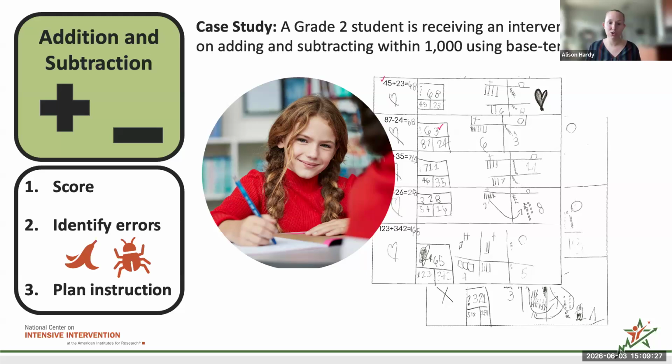And this student used a combination of part whole models and hundreds, tens, and ones charts where they have drawn visual depictions of base 10 blocks. So when you see a dot, that represents a 1. When you see a line, that represents a 10. And when you see a drawn square, that represents a 100.